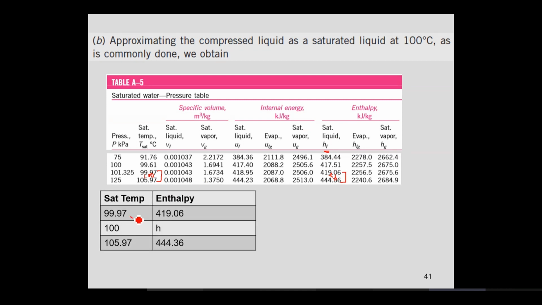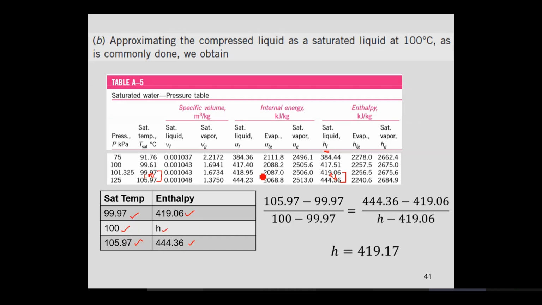So 99.97 enthalpy is this, 105.97 enthalpy is this. You have to find out at the saturation temperature of 100 degrees centigrade. You'll do the interpolation and the value comes out to be 419.17. Now this value, if we compare it with the compressed liquid value, gives you an error of about 2.6%.